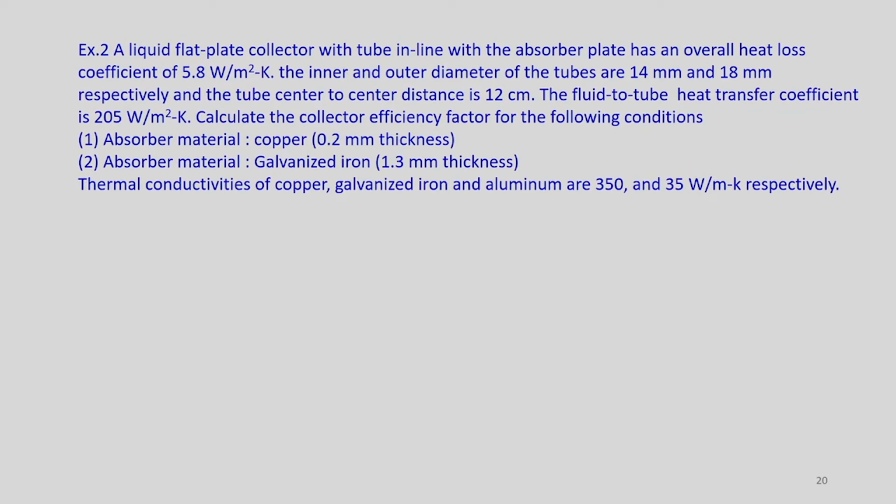It goes something like this: a flat plate collector with tubes inline with the absorber plate. This configuration will be something like this, it is inline. Fluid is flowing in this channel. The overall loss coefficient UL is given as 5.8 watt per meter square Kelvin.